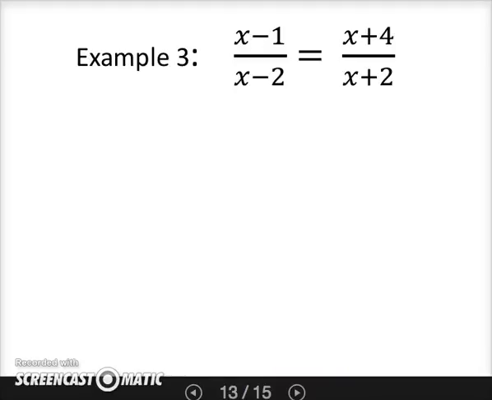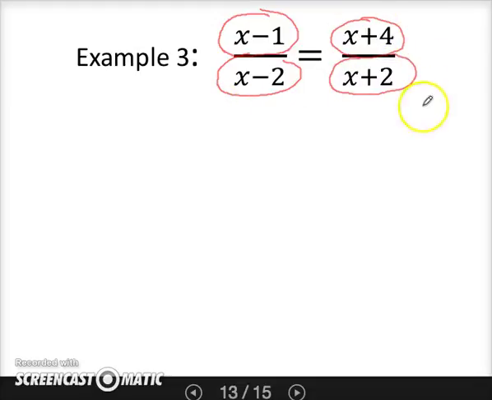Okay, for one last example, I'm going to really throw you because in this example, we have complicated looking expressions in each one of these places, A, B, C, and D. And not only that, but when we cross multiply, we're going to get something that looks a little bit like something you might not be used to.